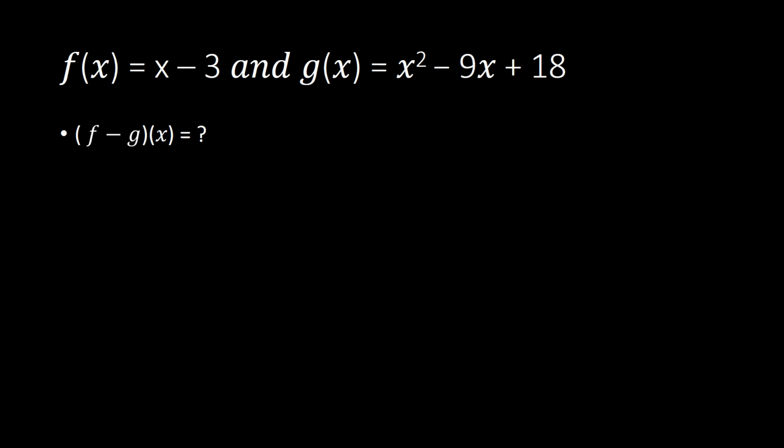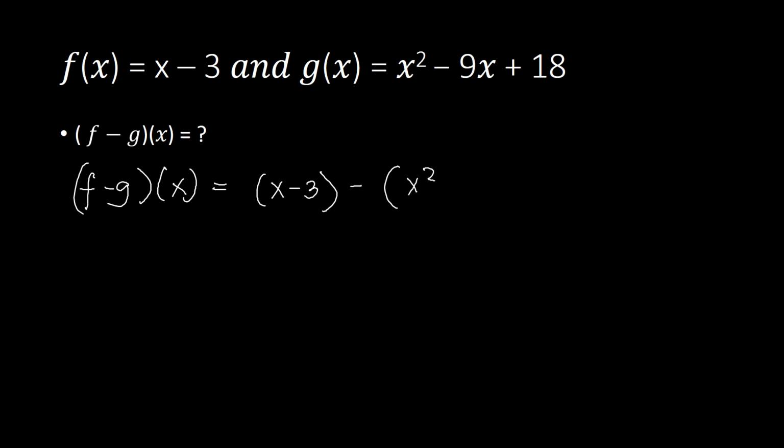So this time I'm not going to do the vertical way of subtracting, but I'll be doing the horizontal way because I need to really keep my change method. So we've got f as our first function, x minus 3, minus our second function, x squared minus 9x plus 18. Again, always enclose this one in a parenthesis.